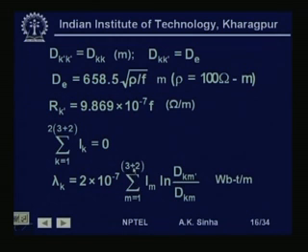So, lambda k is 2 into 10 to the power minus 7, sigma m equal to 1 to 5, I m log n d k m dash by d k m Weber turn per meter.